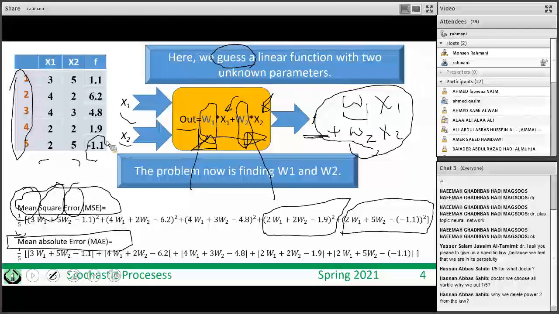And when I say the desired output, it means minus 1.1. Sorry, I have a problem with my pen.